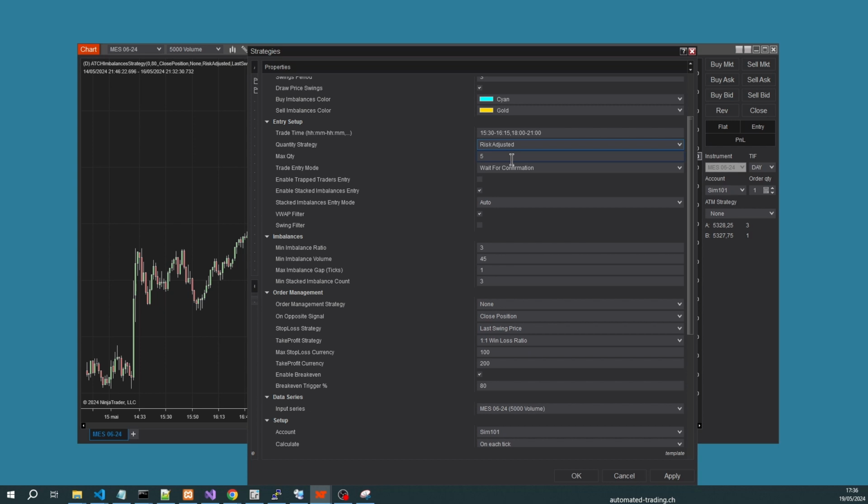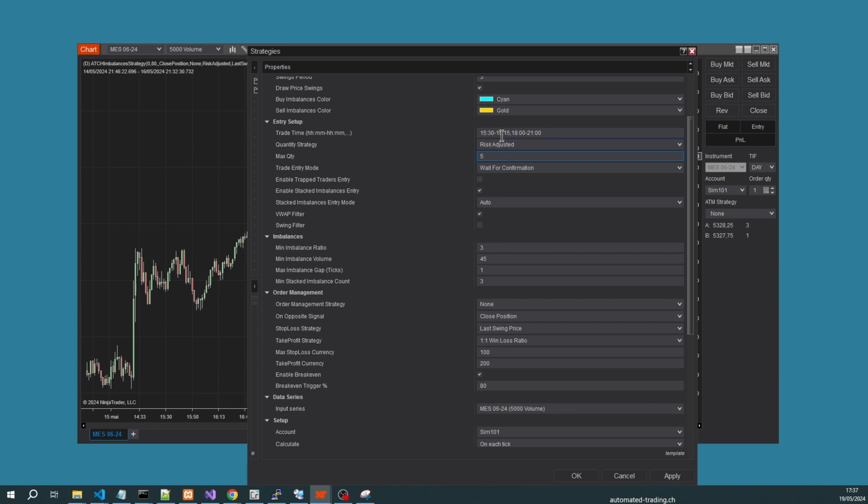for example, if you want all your positions to have a stop loss of $100 regardless of the stop loss distance, you set this to risk adjusted. You set the max quantity, which is the maximum quantity, as a protection, so you don't find yourself opening huge contracts.